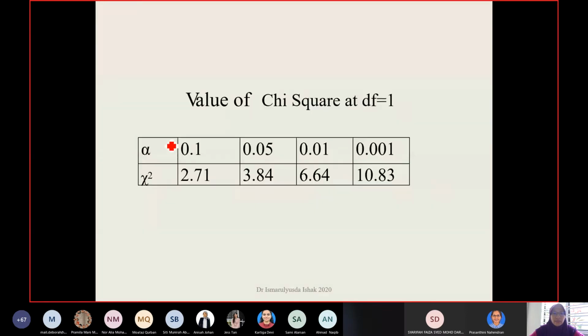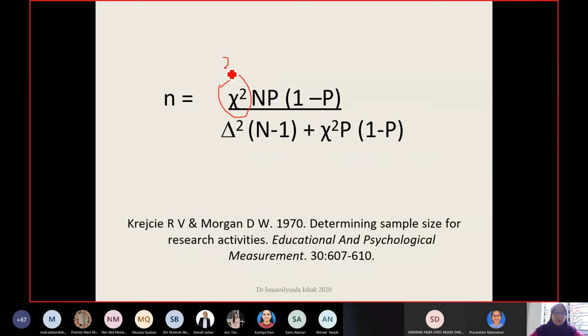The chi-square value for alpha 0.05 is 3.84. N is the total population. P is for proportions; if you don't have the proportion, you can insert 0.5.